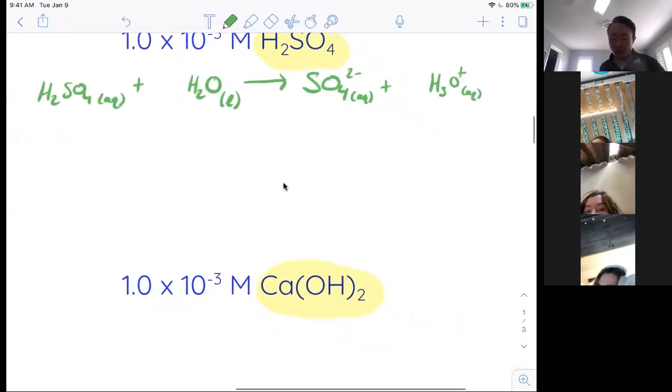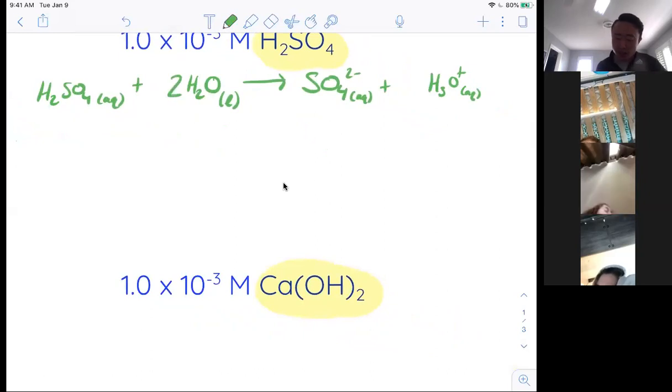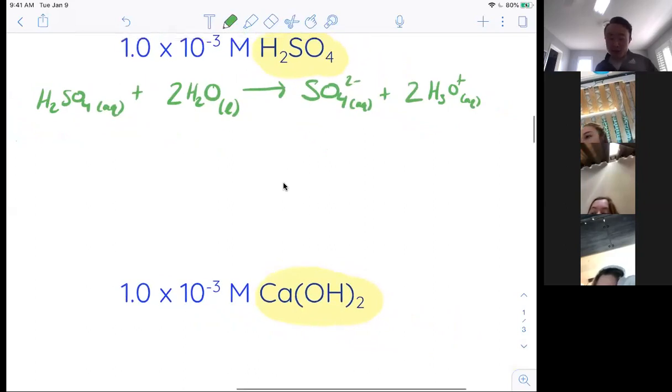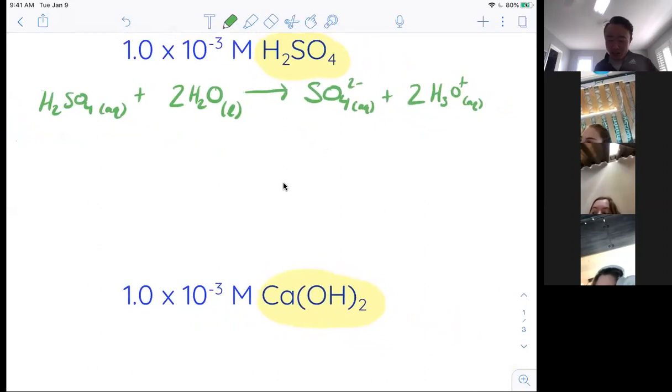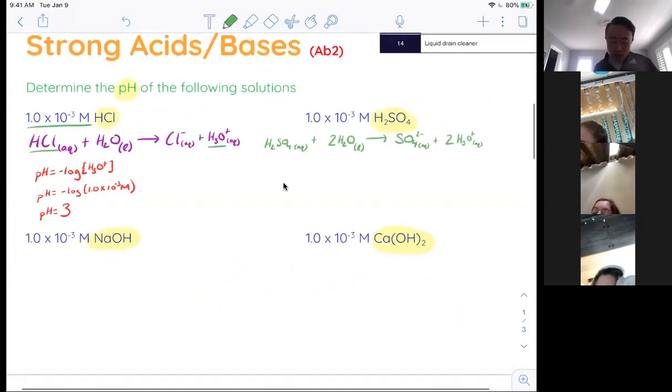And actually, if you look at the reaction right now, it's not balanced. So to balance out the reaction, I need to put a 2 in front of H2O and a 2 in front of H3O plus. So whenever one H2SO4 molecule disperses in the solution, we get 2 hydronium ions formed. So same idea, but a little bit different with the math now compared to the first one on the left with HCl.